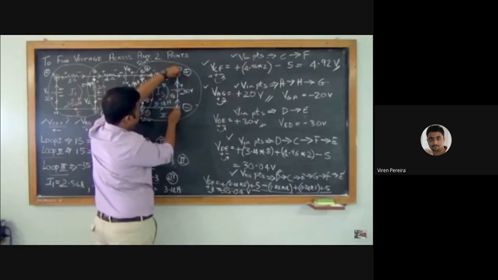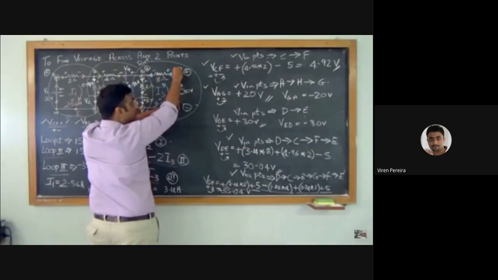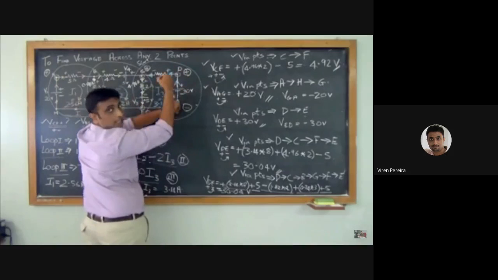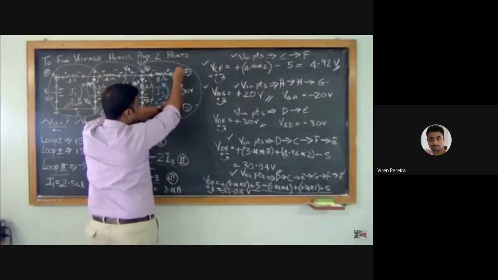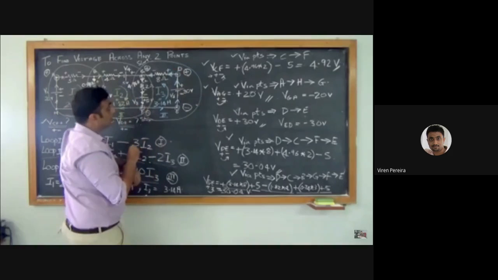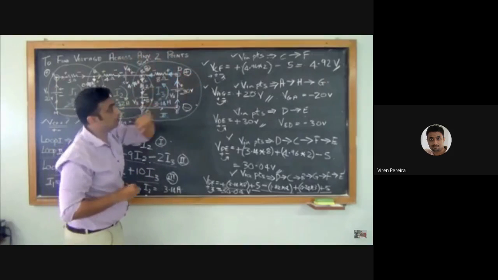Initially this was positive and this negative, which was plus 30. But if I change it, it will become minus 30 because of the polarity. So in other words, even the change of terminals will create the same effect.